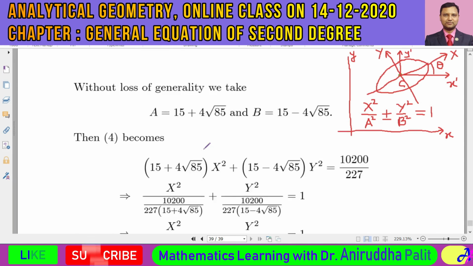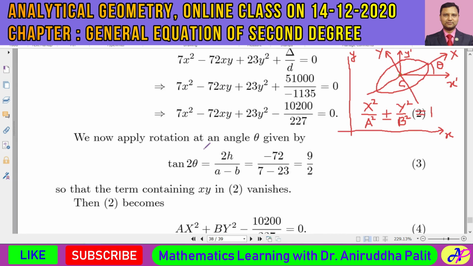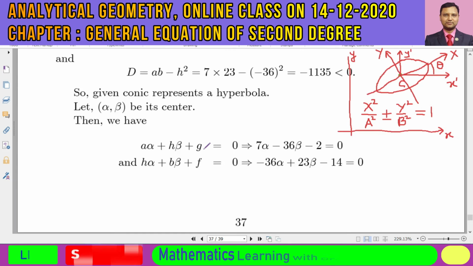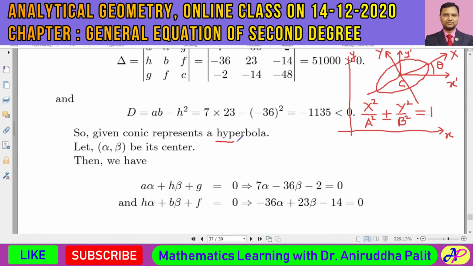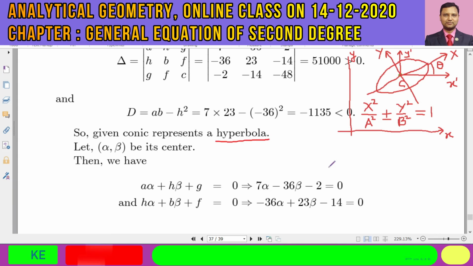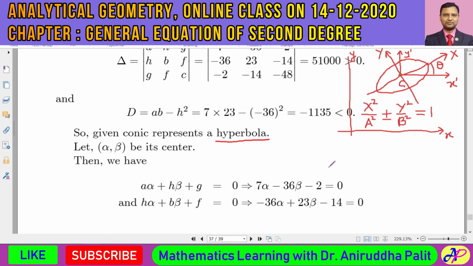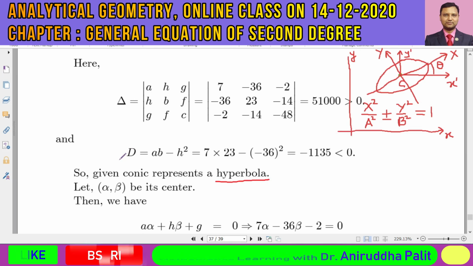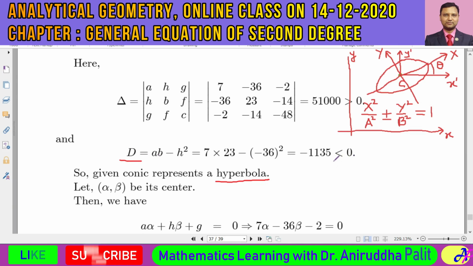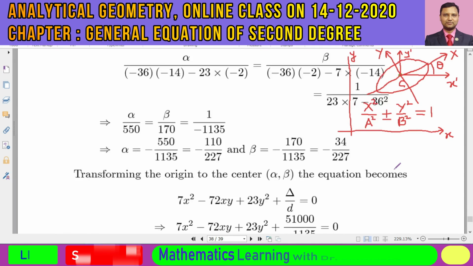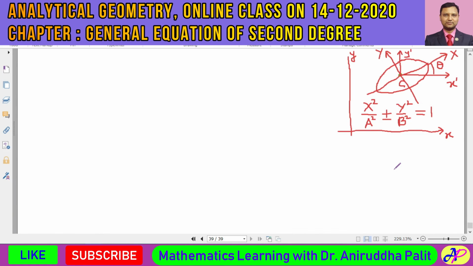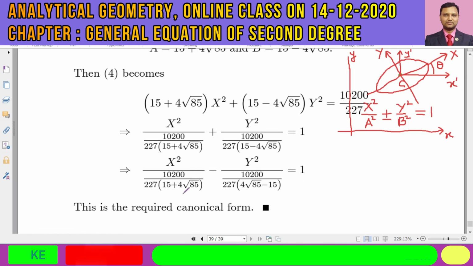We already concluded about the nature over here, that the given equation represents a hyperbola. Okay, we already had this conclusion because this expression D was a negative quantity. That's why we can make this kind of manipulation in this last step.